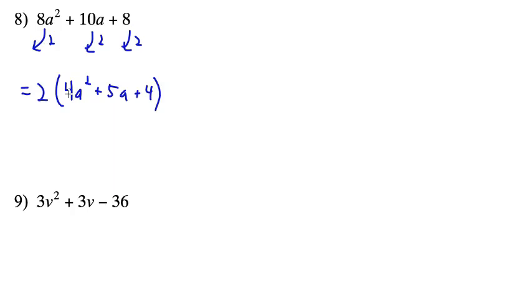There's a leading coefficient greater than 1, so we'll use the diamond and the box. It'll be 4 times 4. When you have a leading coefficient greater than 1, we multiply that coefficient by the constant term. So we're looking for 2 numbers that multiply to make 16 that have a sum of 5.